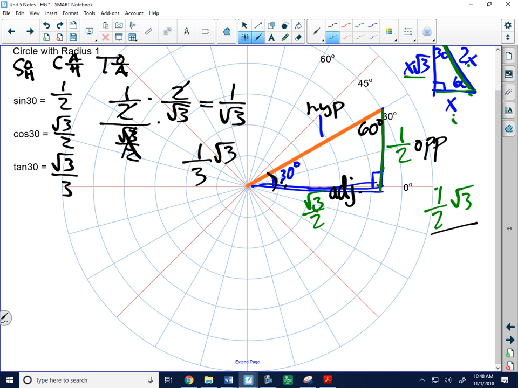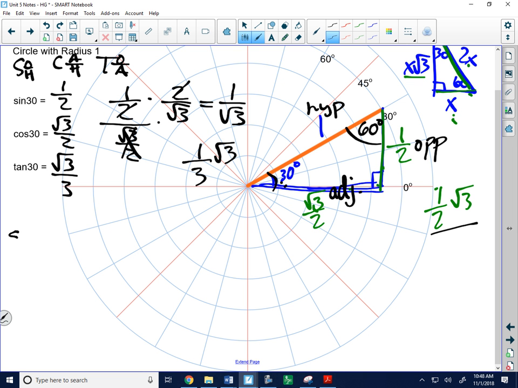So before I do the 60, which will only take me a second here, any thoughts on the 30? Flipping that, simplifying? Well, I could repeat and do a whole new triangle for the 60. I could also go up here and relabel opposite adjacent and do all that.